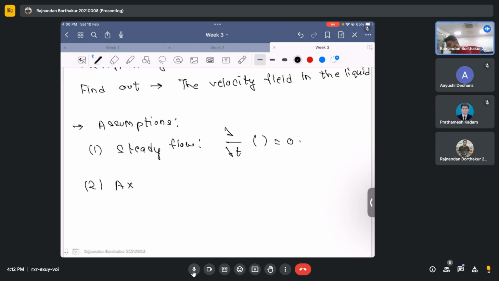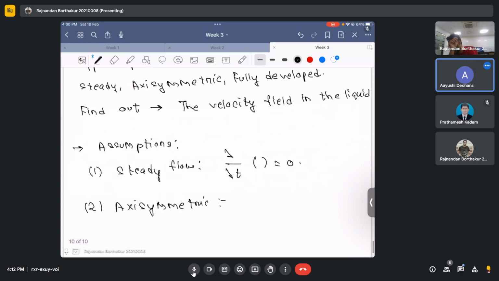Can you tell me what is the meaning of this axisymmetric boundary condition here? Physically and mathematically, what does axisymmetry mean in this problem? Or in other words, what does axisymmetry mean in cylindrical coordinates? u at r equal to u at minus r. u at something r, yeah, okay.